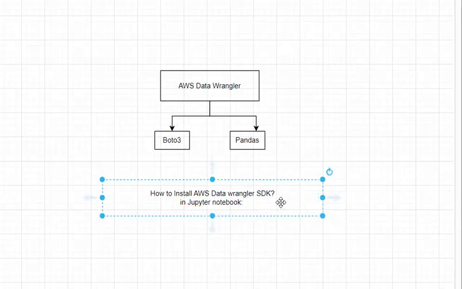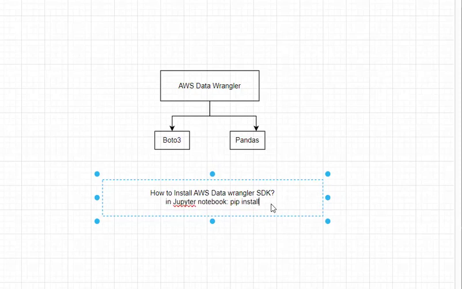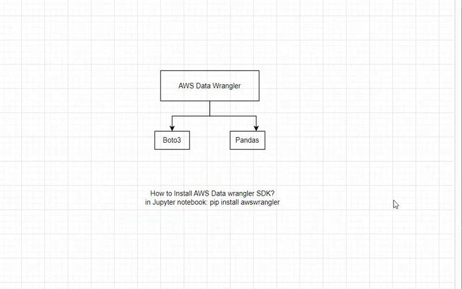For that, you need to write a command, that is pip install awswrangler. So this is the command that you use in your Jupyter notebook to install your Wrangler.